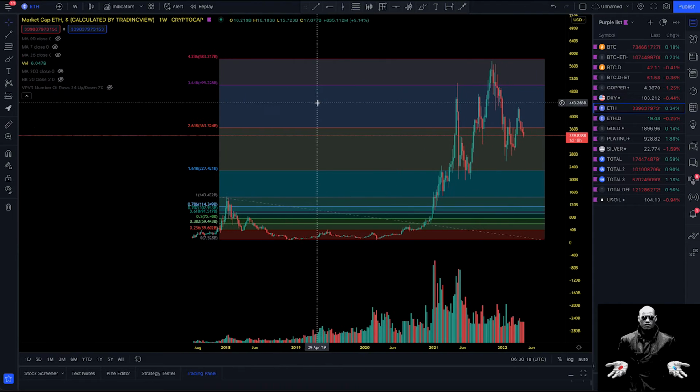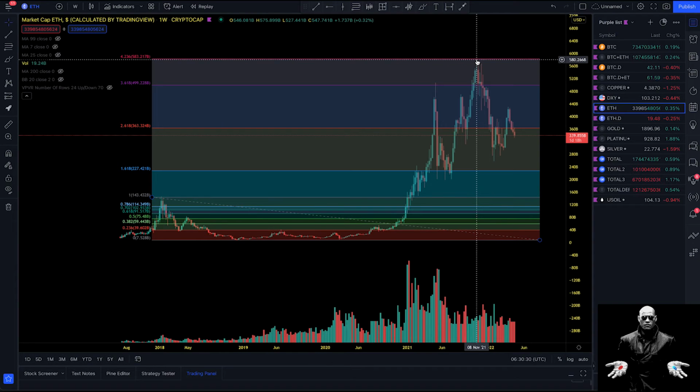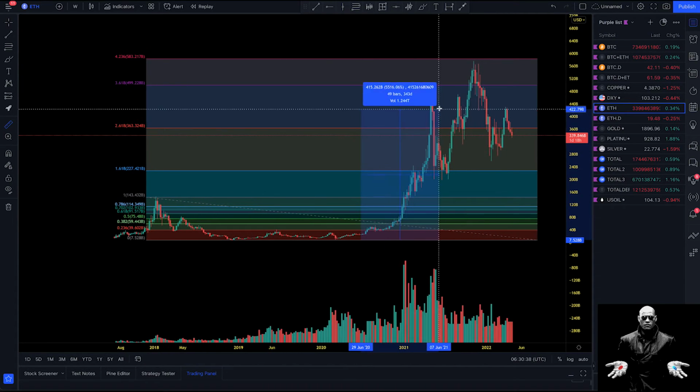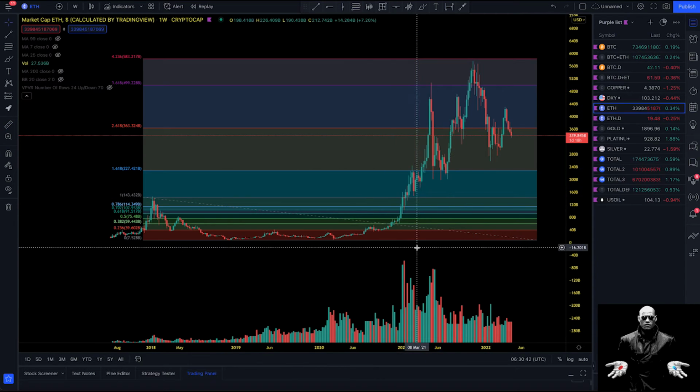But on the market cap chart, we almost got to the full 4.236 extension. If you're one of the people that sold Ethereum in November 2021, you'll be very happy because you almost sold the top. But guys, because Ethereum has risen over 6,000%, it's making me believe that Ethereum has probably topped.